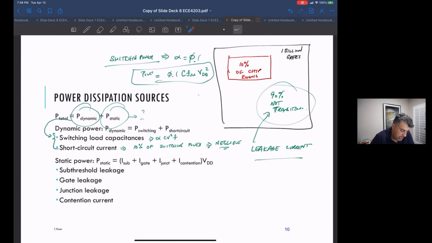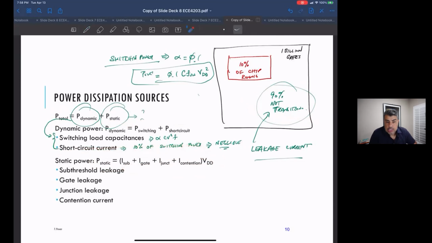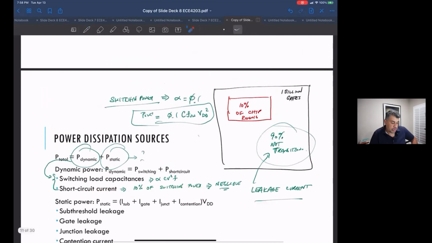For each individual circuit, all these currents are much lower than the current of our active devices, but there are a lot more devices in this state than in the active state. So this ends up being significant, especially at the tighter processes.